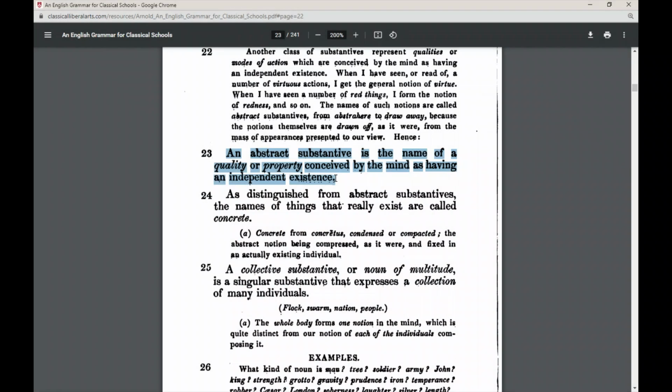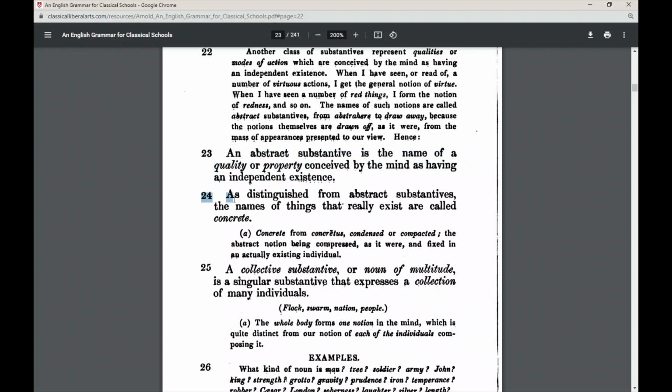But just to review here, an abstract substantive is the name of a quality or property, like love, happiness. Think of words that end in N-E-S-S, ness. We take an adjective and add ness to the end of it, and we have a substantive idea, conceived by the mind as having an independent existence. That's an abstract substantive noun, not to be confused with an adjective.